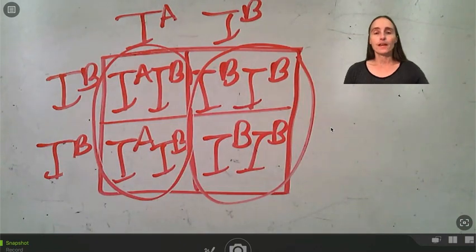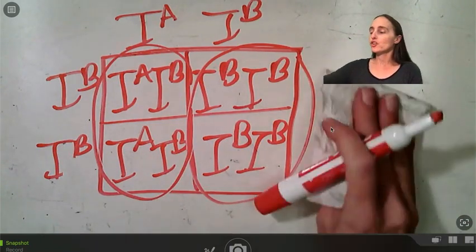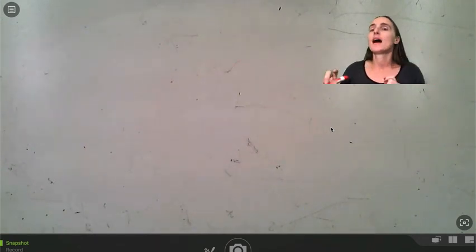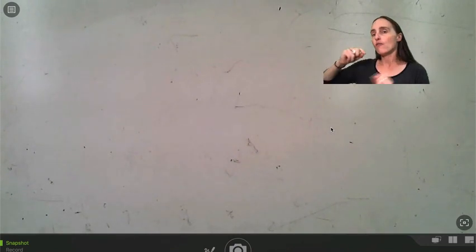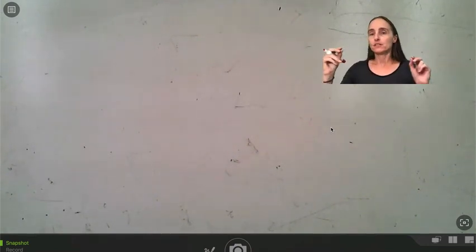Let's try, stretch your brain. We are going to try to make a Punnett square crossing two parents where every single blood type is represented in the offspring. There are four offspring, and they have four different types of blood. You try to do that. Pause the video and see if you can figure out, challenge question, what two parents you would need to have all four of them have different blood types.